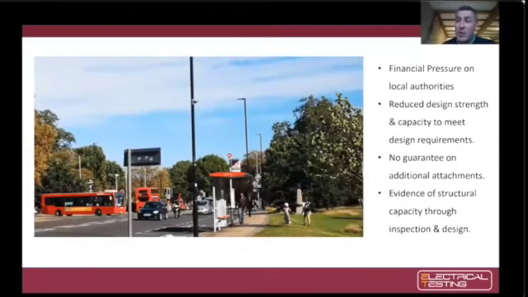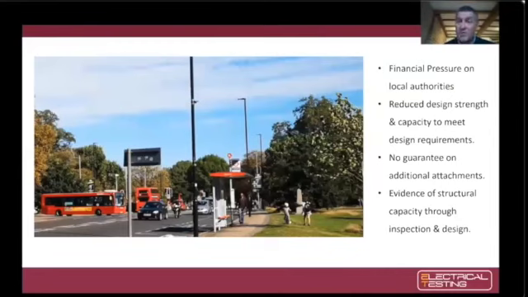They needed to get their product out of the factory really as efficiently as possible. So they designed out a lot of the inherent strength that may have been built in previous to that. So grade of steel was reduced, maybe wall thickness was reduced. The column was pretty much on the limit for its purpose, the purpose being to support a bracket and a lantern. So design strength has been reduced. There is no guarantee that additional attachments will be approved.